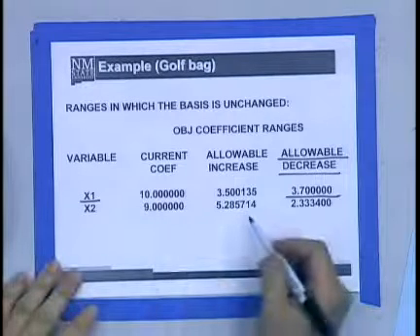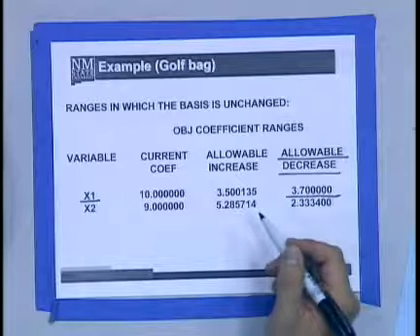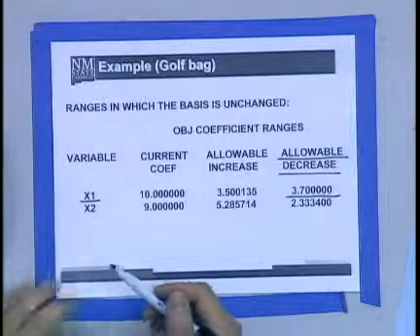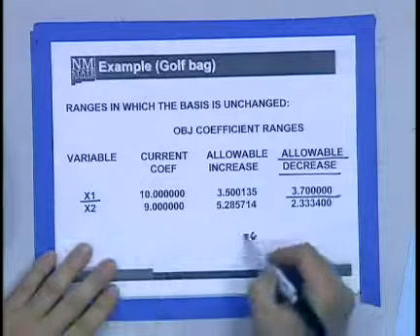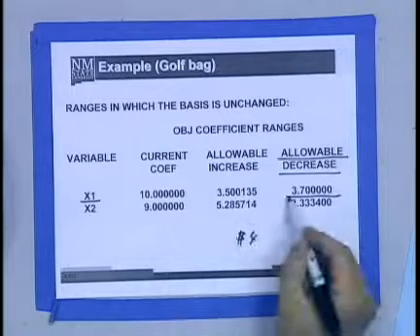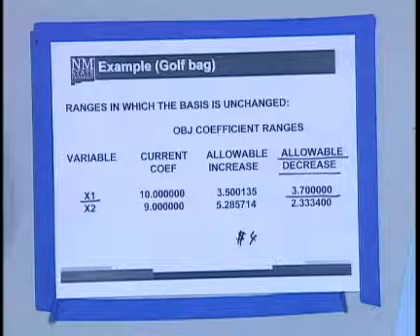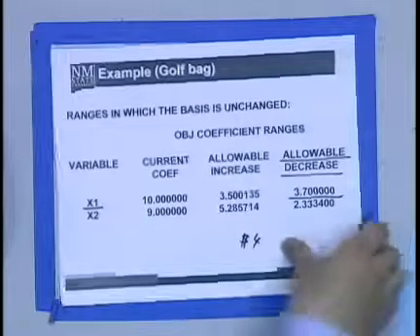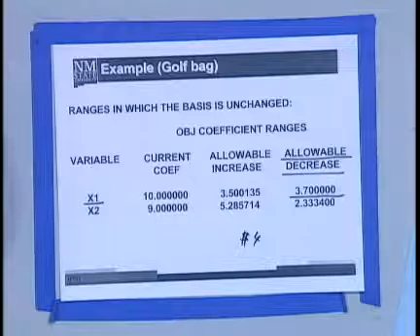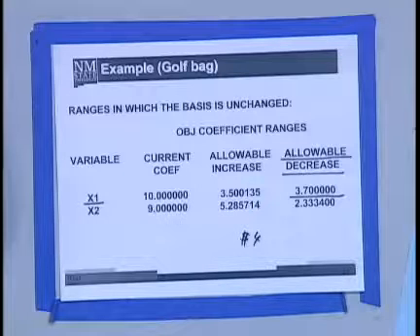And the $3, no, it is $4, right? $4 of decrease from 10 to 6 exceeds the allowable decrease of 3.7, which means the basis will change, right? So the number of standard bags to be produced would decrease. Okay?